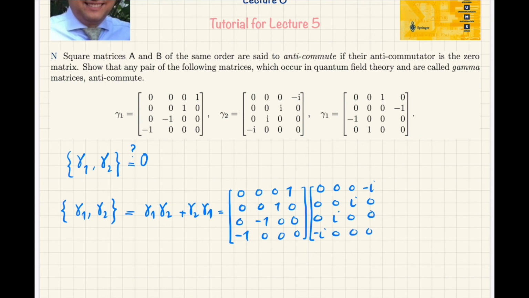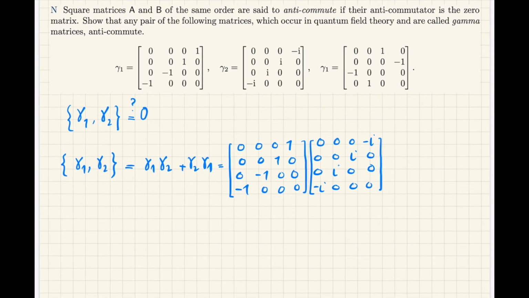Of course, here i is also the imaginary unit. Okay, and then I add the other way around. I add this multiplication the other way around. So 0, 0, minus i, 0, 0, i, 0, and then multiply it by this.